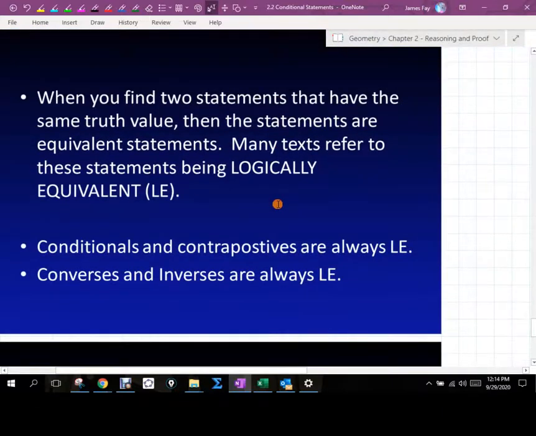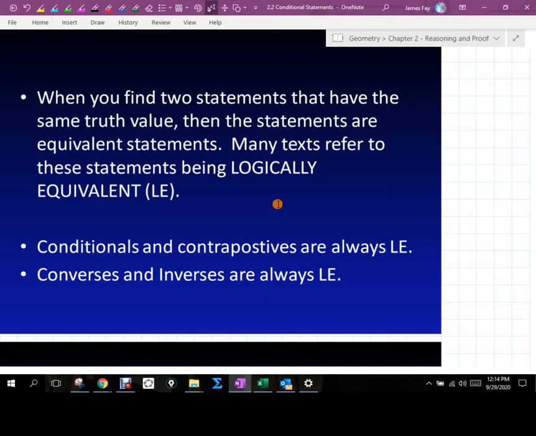It says when you find two statements that have the same truth value, meaning they're both true or they're both false, we say that they are logically equivalent. Equivalent means the same. The logic part just refers to the true or false. So is the true part the same or is the false part the same?